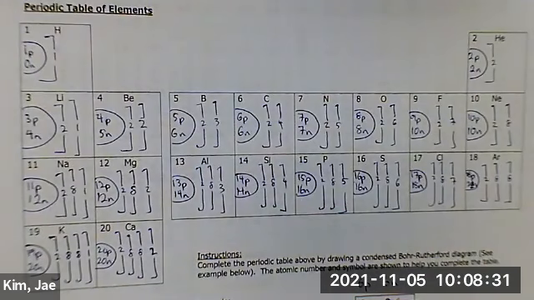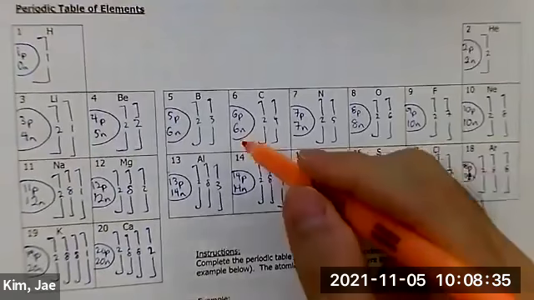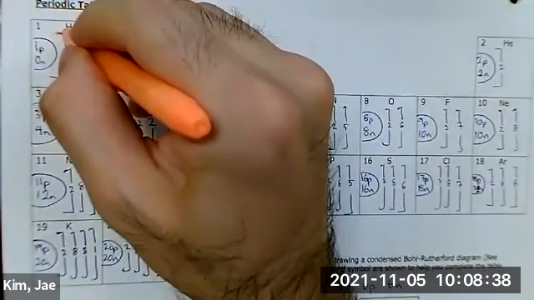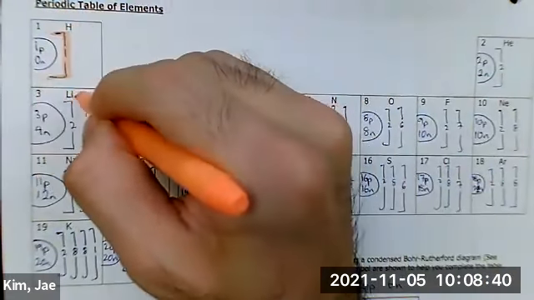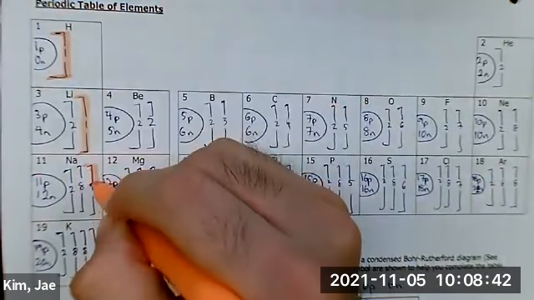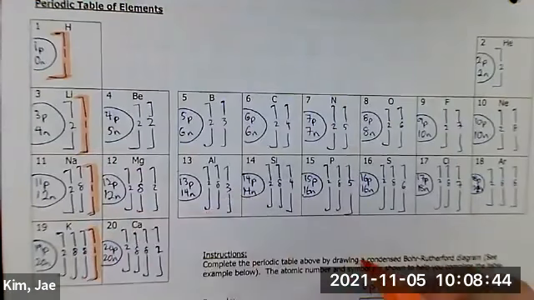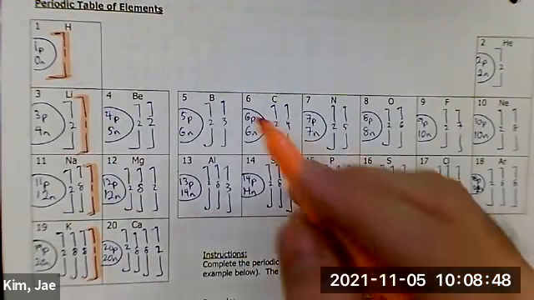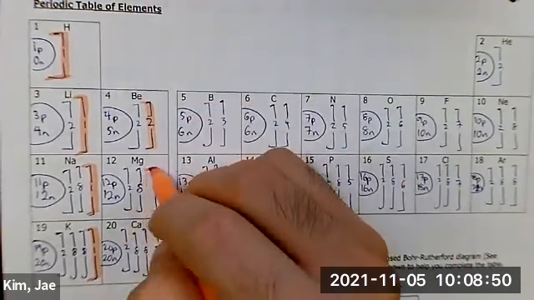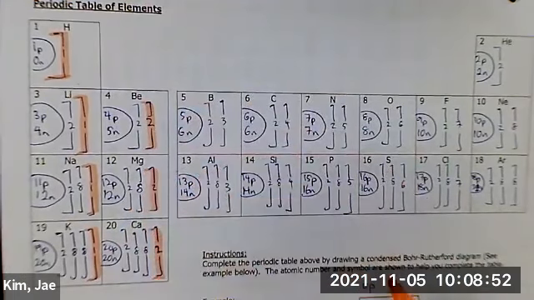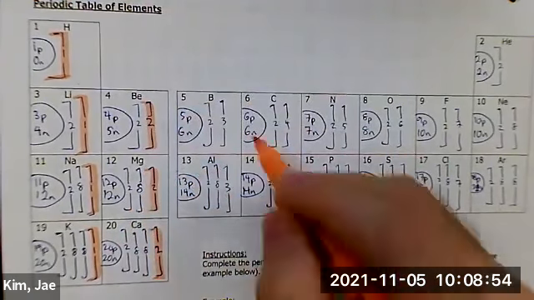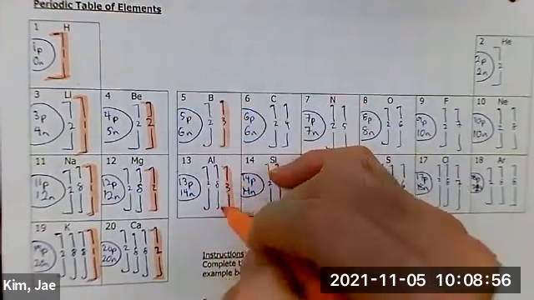And I'm hoping that you arrive at the conclusion that in the first column, every single outer shell has 1. In the second column, every single outer shell, no matter what's inside, the outermost shell has 2. The outermost shell has 3.